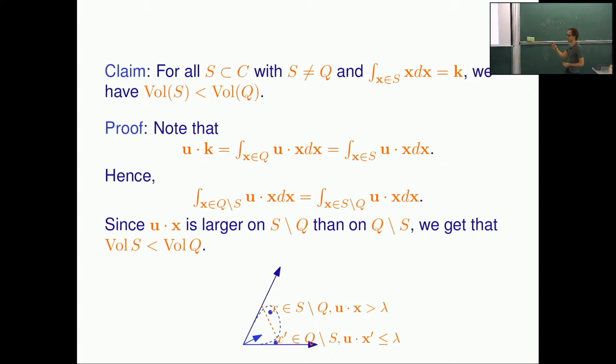But on the other hand, for every point on the left, the integrand is smaller than it is for any point on the right. Each of these points is upper bounded by lambda, and each of these points is lower bounded by lambda.